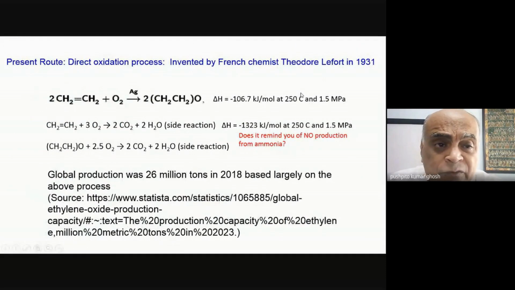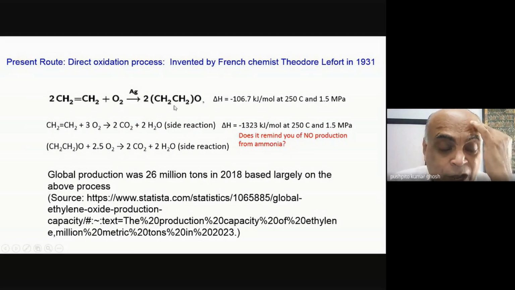Now, people started looking at whether it is possible to oxidize ethylene directly with oxygen. That's what these people were looking at. This is a thermodynamically favored process. The delta H, you can see, is minus 106.7 kilojoule per mole. Not bad, but there is a problem.